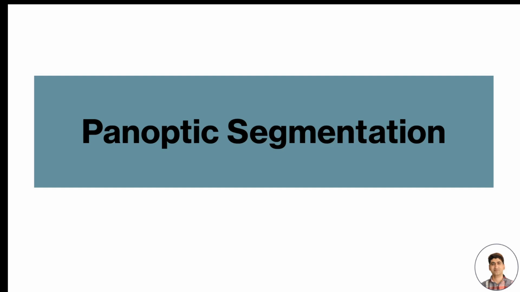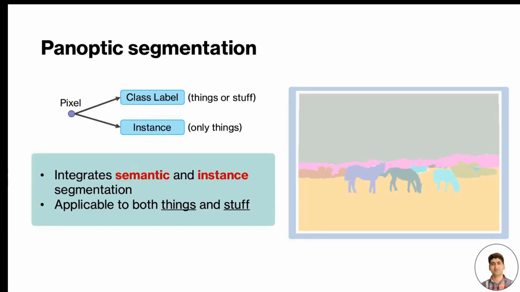Now, what if we want to do both stuff and things together? In that case, we have to use panoptic segmentation. So panoptic segmentation combines semantic and instance segmentation together. Each pixel is given the class label, whether this belongs to countable things or stuff. But in addition, if that pixel belongs to countable things, the instance of that object is also determined.